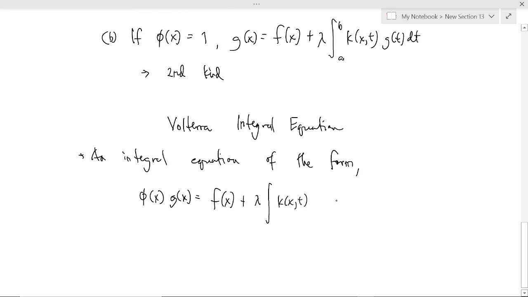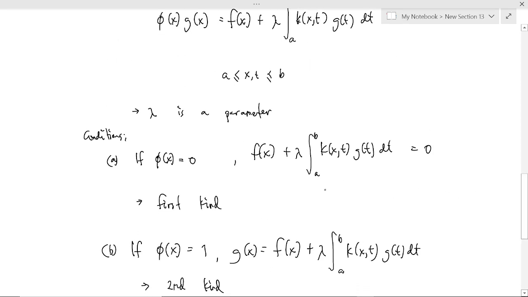This is almost the same as the Fredholm. And from the Fredholm integral equation, we can notice that the limit of integration is from a to b.